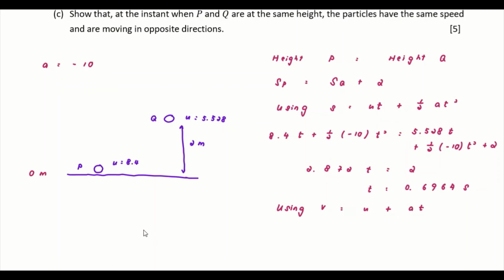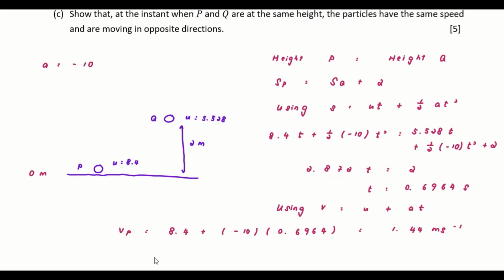The final velocity for particle P is U plus AT. We can write down our final number in 3 SF, so from that we get 1.44 meters per second.